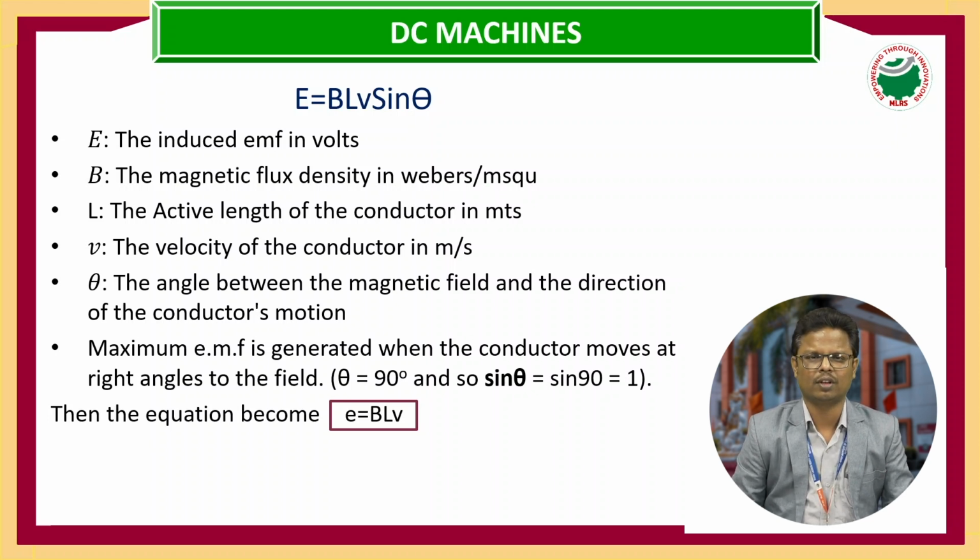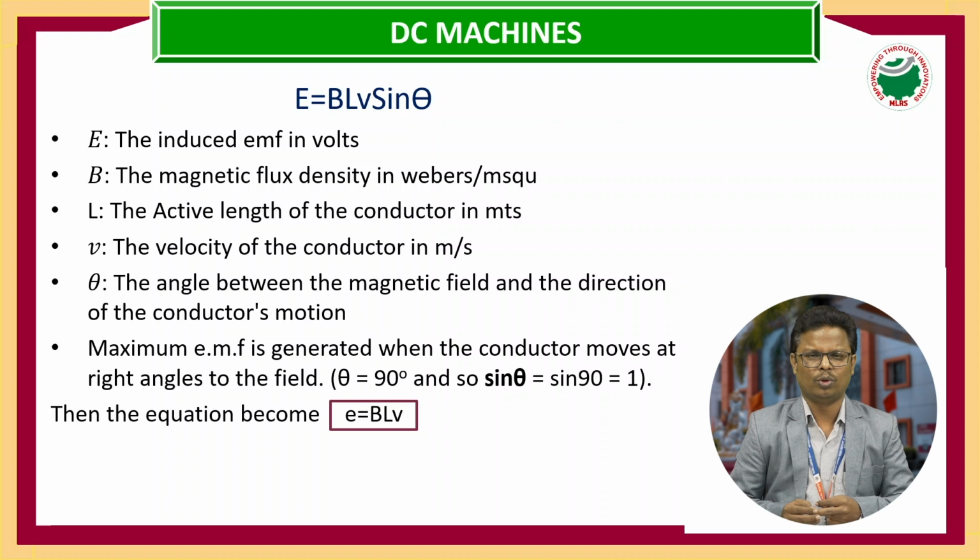Okay, so this is the concept of the generator. The generator is a device which converts mechanical energy into electrical energy. Whenever a conductor placed in a magnetic field is rotated, it cuts the flux, and EMF will be induced according to Faraday's law of electromagnetic induction.